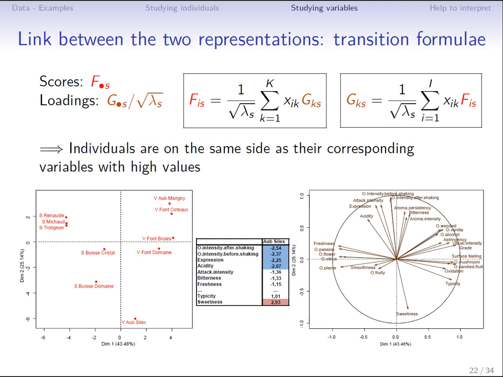This is one of the reasons why individuals can be so far from the variable for which they carry low values. For instance, the coordinate of the variable sweetness is low on dimension 2, and the value of Aubussier silex for sweetness is high. Thus, the multiplication is negative, and it contributes to the fact that the coordinate of the wine Aubussier silex is low on dimension 2.